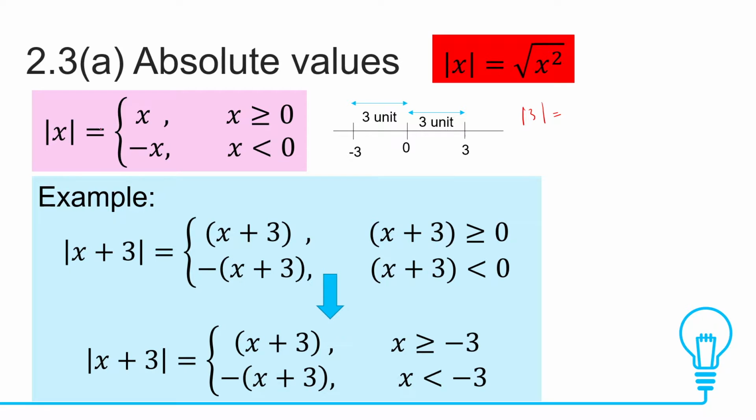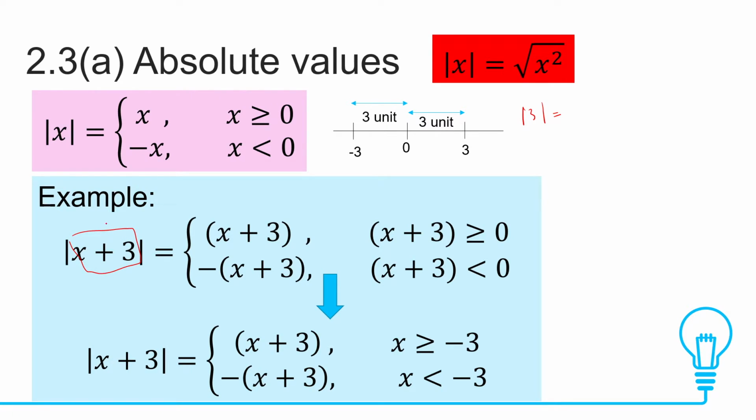So by the definition, absolute x is equal to x, a positive value, if x is greater than or equal to 0. If you have a value less than 0, you will get negative x. Okay, so how do we implement it into other functions? We don't care what is inside our absolute, as long as it is inside.